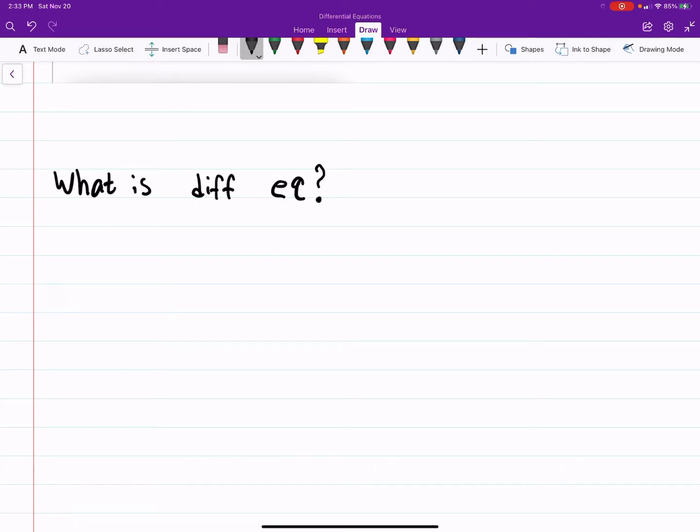So for example, dy/dt equals 7y plus 8. Okay, so we have some function y, and we have a derivative with respect to t. Because it's an equation that contains derivatives and their functions, we say that this is a differential equation.